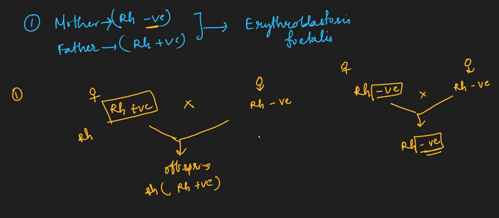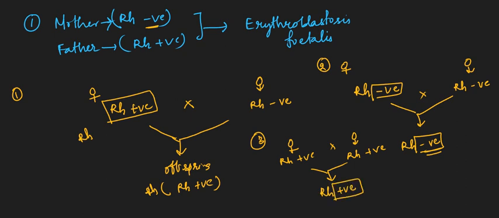Then the third condition. Next case, if the mother is Rh positive and the father is also Rh positive, then both are positive, so the baby will of course have a positive blood group. The baby and the mother both have positive blood groups, so there will be no problem at all.